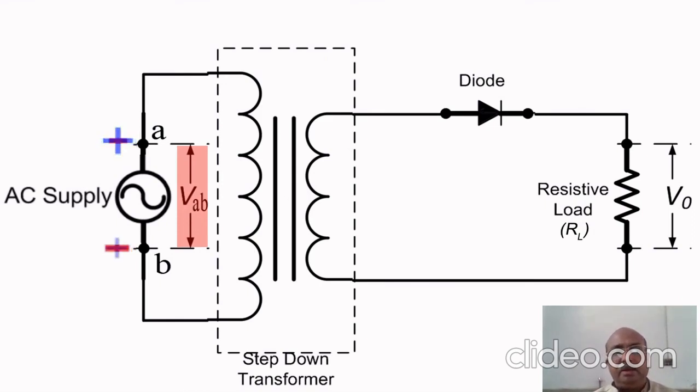And when this polarity changes and terminal A becomes negative and B becomes positive, then there is no conduction through the diode as it is reverse biased. This is how the half wave rectifier works, and the output is available during the positive half cycle and it is not available during the negative half cycle.